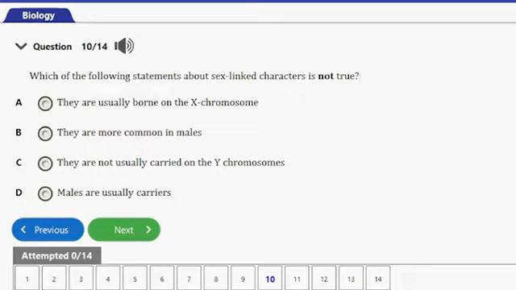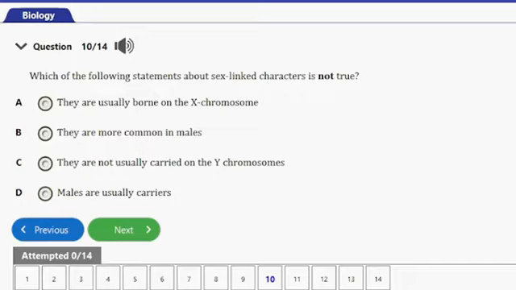Alright, so with that being said, we should realize that a single recessive gene from the X chromosome will actually cause the traits to be expressed in the males, but we also have to note the fact that the males cannot be carriers of these sex-linked traits because they have only one X chromosome.